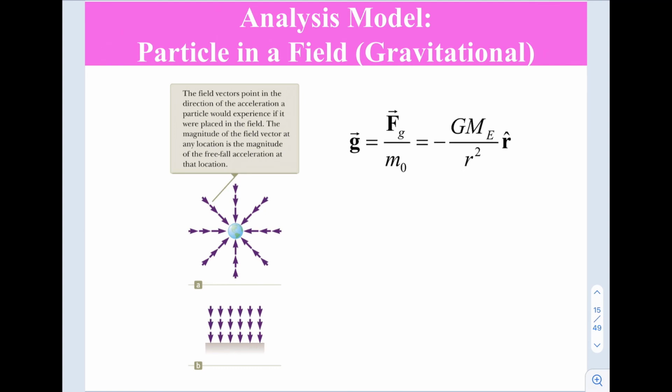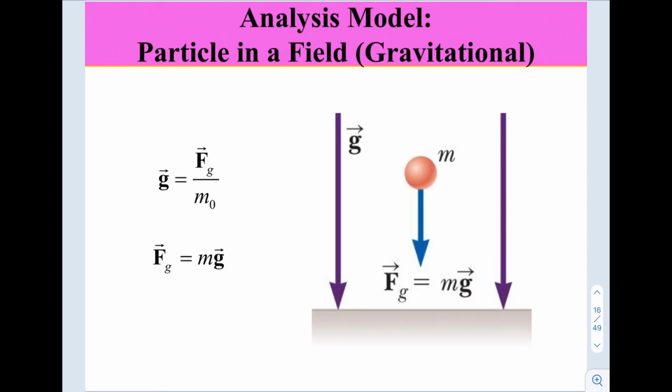That is the bigger picture, but close to the surface of the Earth, we can visualize that the field of the Earth is almost uniform. So what is the meaning of the statement before?